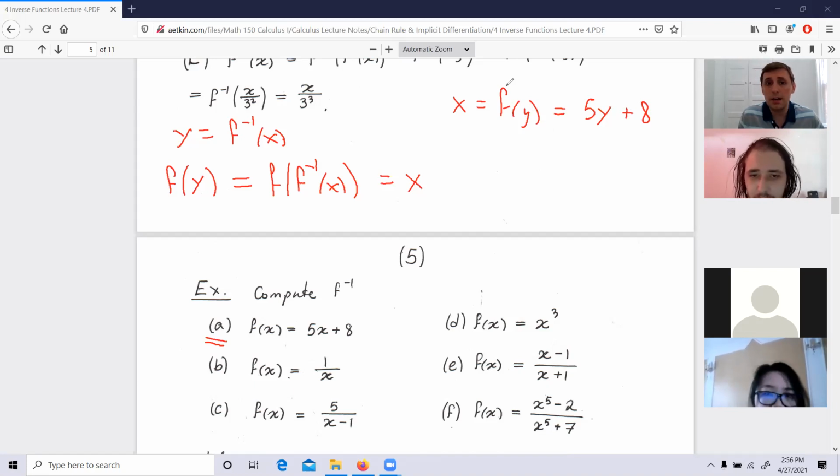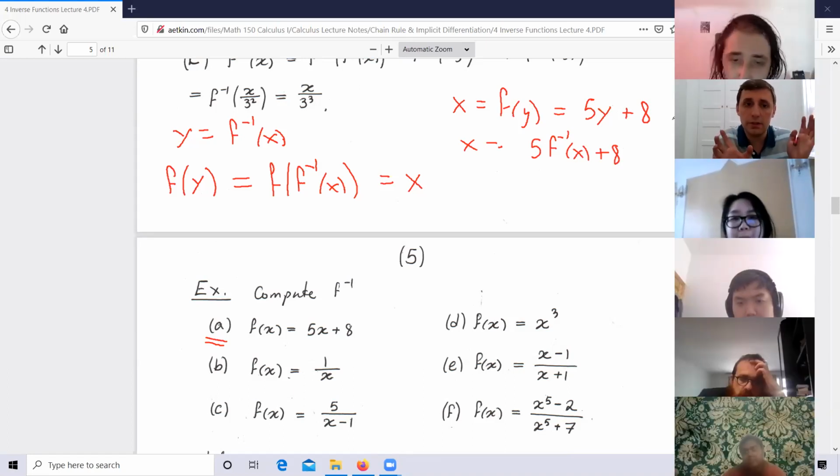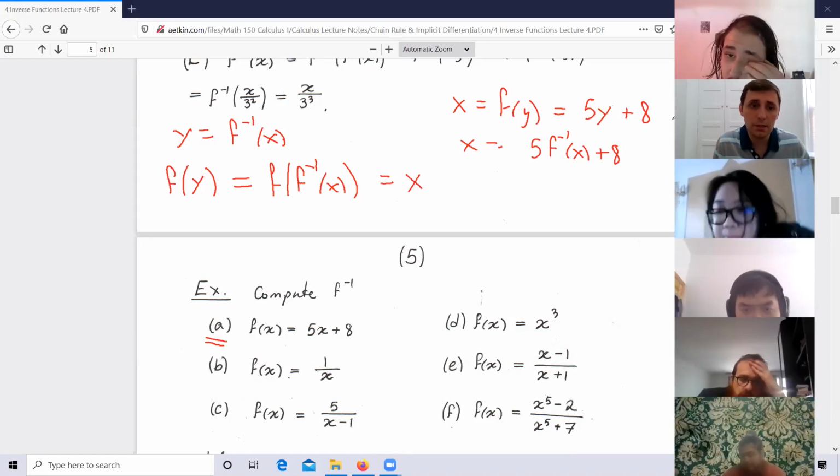You see, it's just a way to save on notation, right? Instead of writing x equal to 5 f inverse x plus 8, it's much simpler to write y. But this is really what's happening. Understand? It's 5 f inverse of x plus 8.